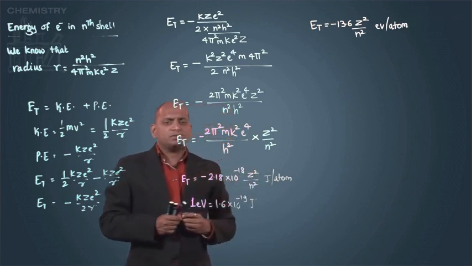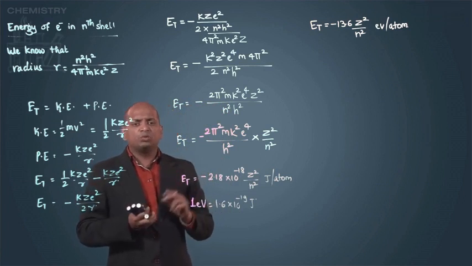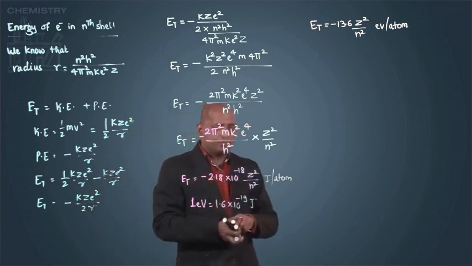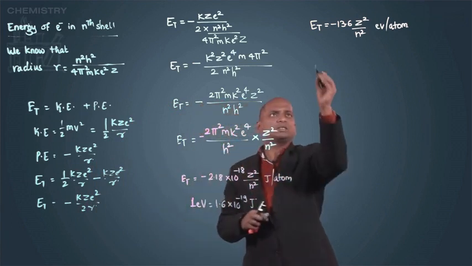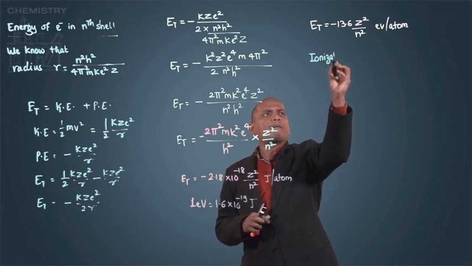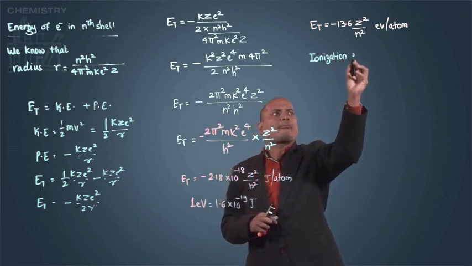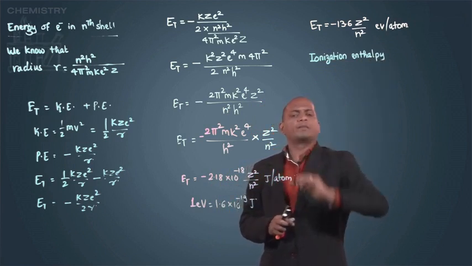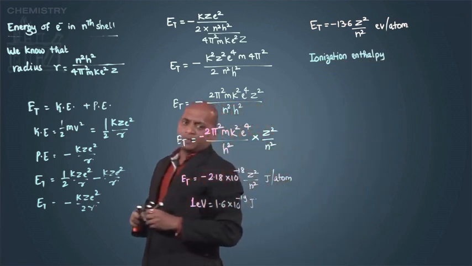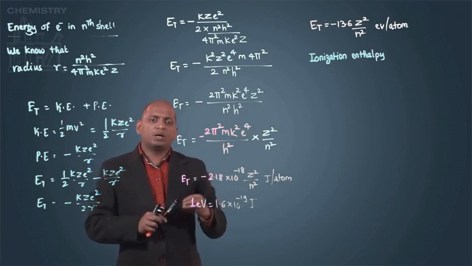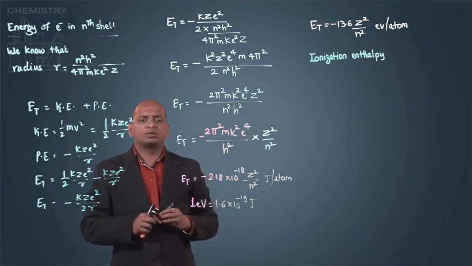Now we will understand two different enthalpies, two different energies. First is ionization enthalpy. Energy required to remove an electron from the outermost orbit of an isolated atom.